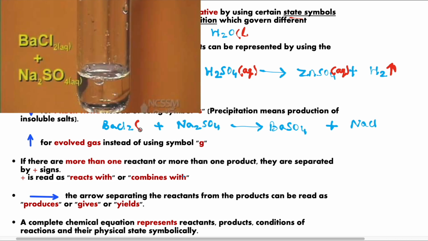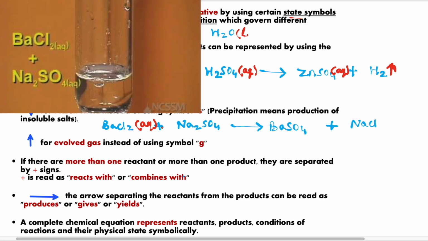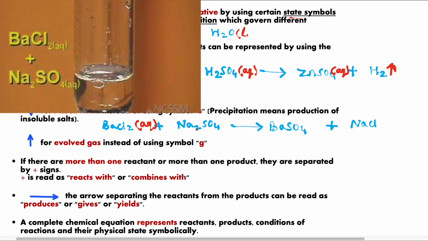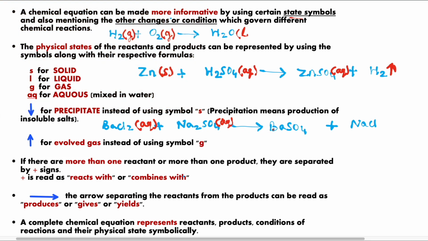Aqueous solution of barium chloride is taken, so it is represented by (aq) on the right side of the symbol, barium chloride. It reacts with, so a plus symbol has been used. The physical state of sodium sulfate is that it is aqueous in state, yields barium sulfate, which appears as an insoluble solid.